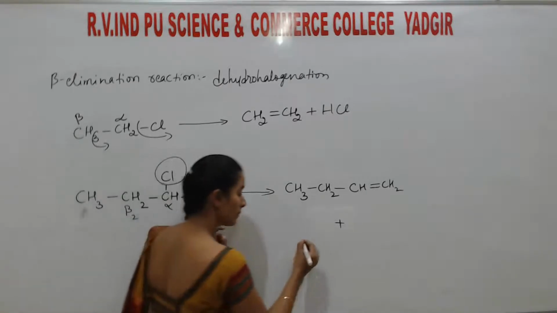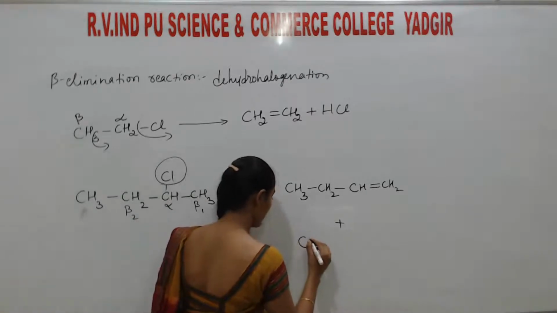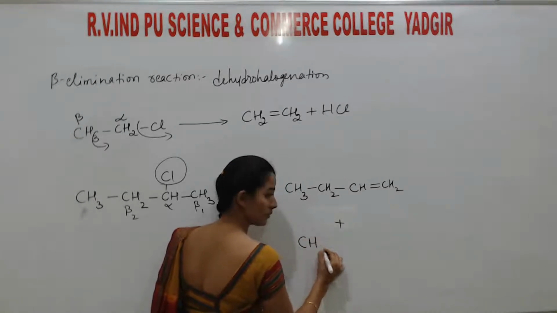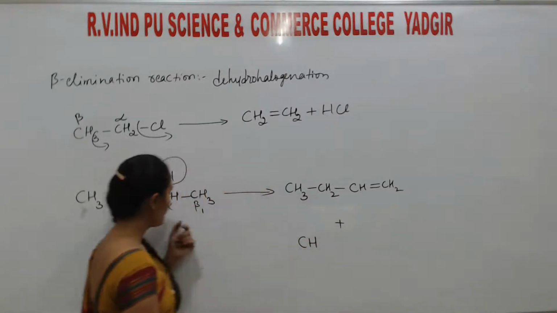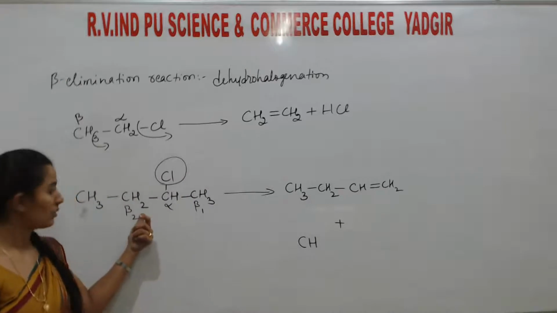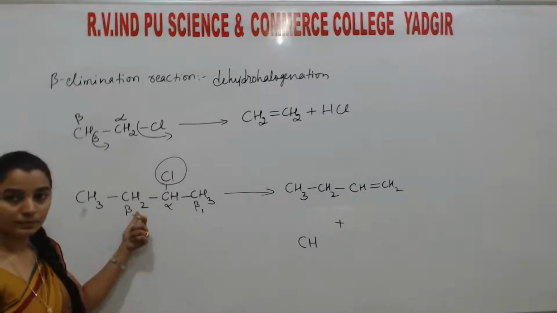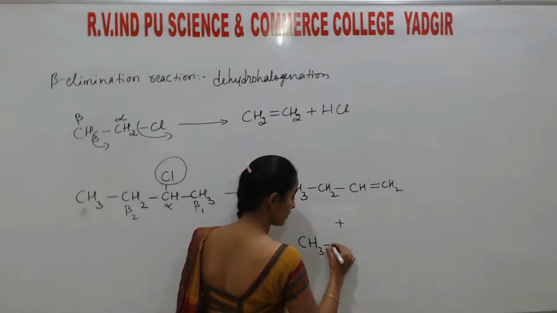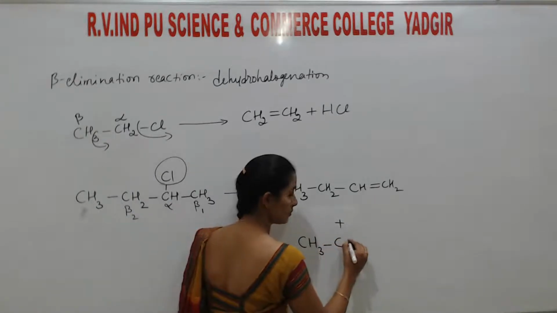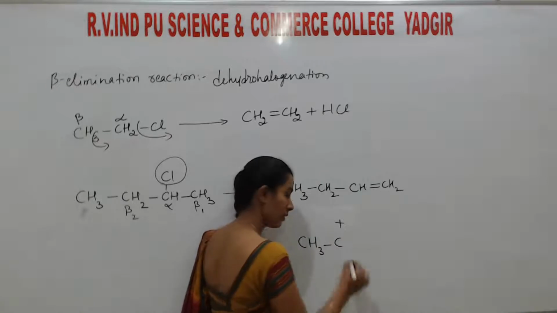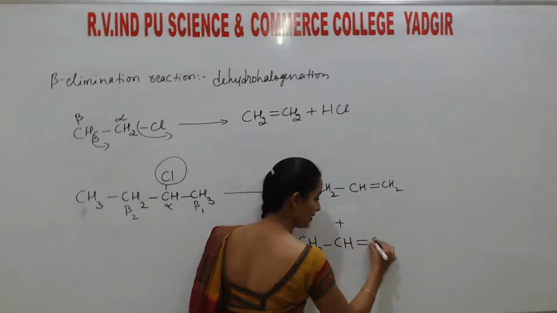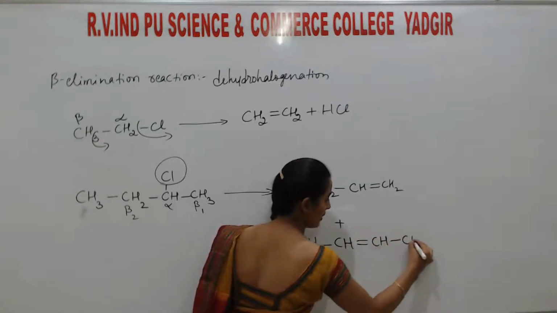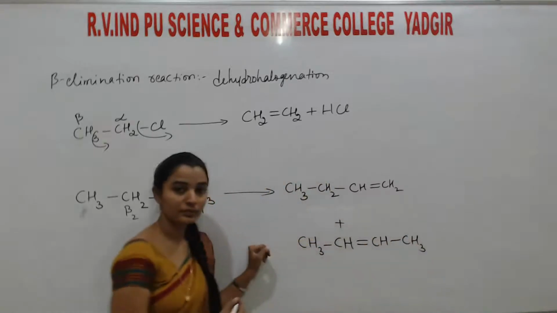What is the product? If the hydrogen is removed from this carbon atom, the product is CH3, CH double bond CH, single bond CH.